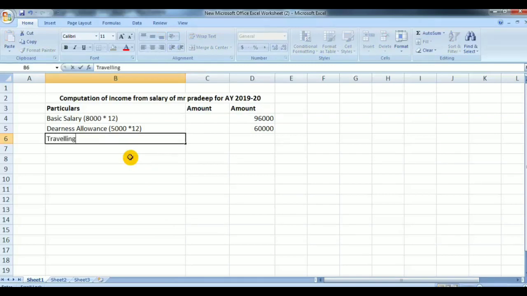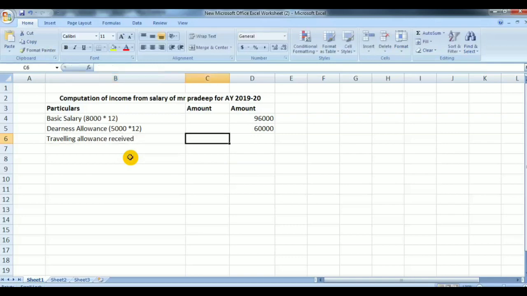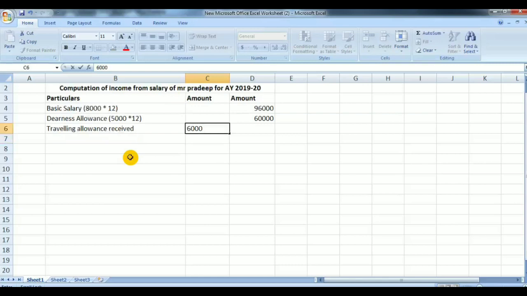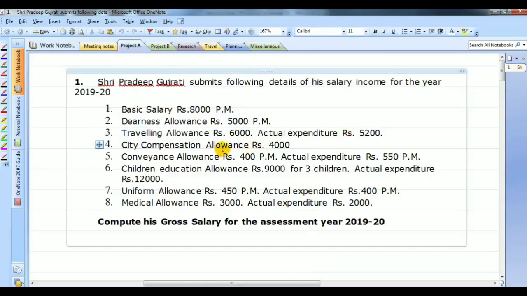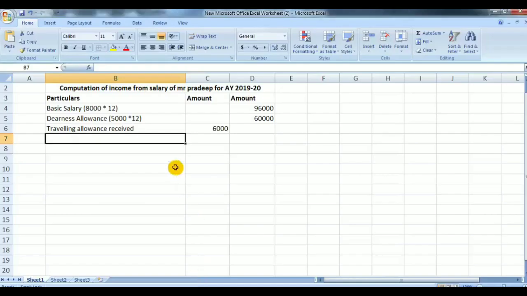Travelling allowance received. We have received 6,000 as travelling allowance, and from that 6,000, 5,200 we have spent for official purposes.